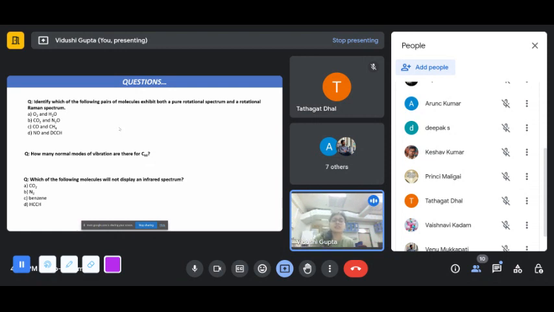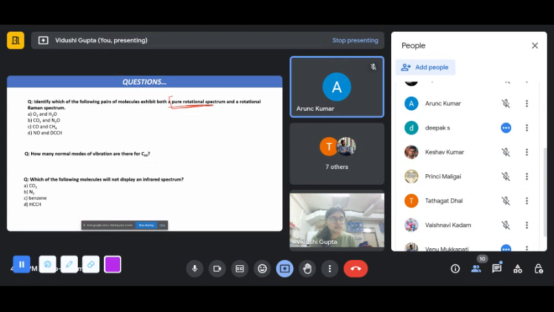Just tell me the condition. What's the condition that a molecule exhibits a pure rotational spectrum? We have discussed. It should have a change in dipole moment, or rather it should not have a dipole moment zero. It should have a permanent dipole moment. And for rotational Raman spectrum, what is the condition?